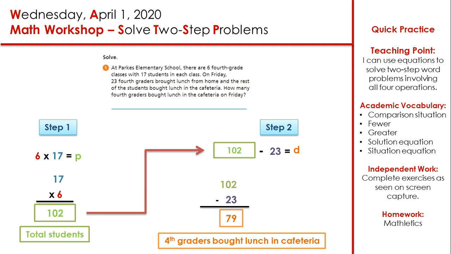I know that the operation that does that is subtraction, which gives me a difference when I compare two things. I subtracted this 23 that brought lunch from home against my total amount, and I just got the difference, which is the amount of fourth graders that bought lunch in the cafeteria. All right? Hope that is very clear.